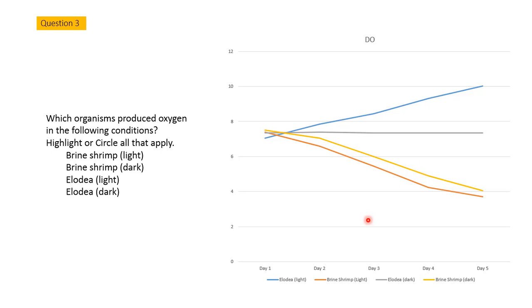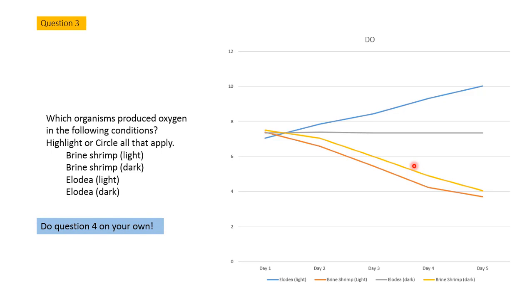And then our brine shrimp in the light and dark, they both suck in oxygen, which makes sense at night because animals don't depend on the sun to do cellular respiration. They put out carbon dioxide in the light or dark, and they suck in oxygen in the light or dark.